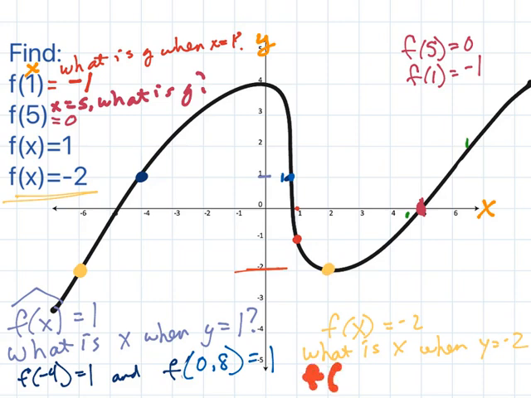So we can see that f of -6 equals -2, and here, f of 2 equals -2. And that is how we use a graph to find different values.